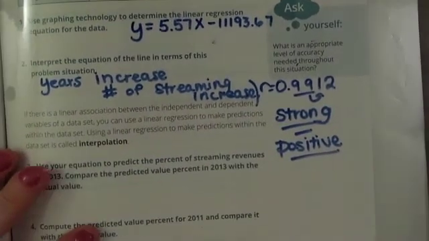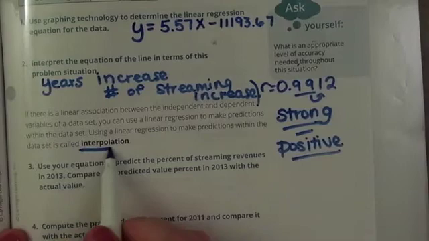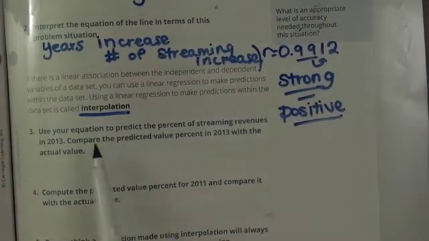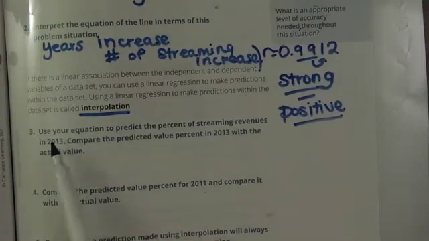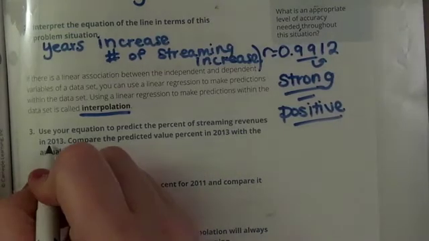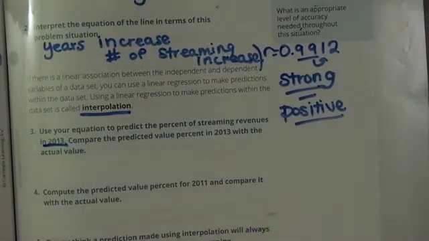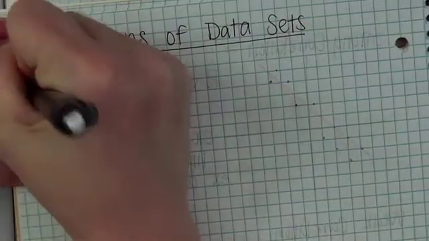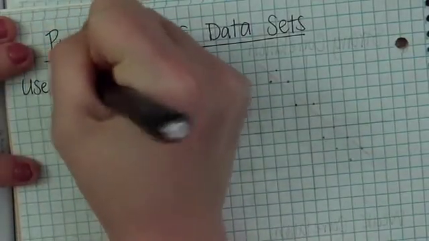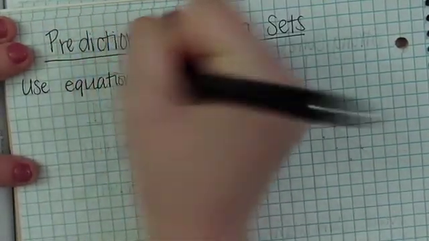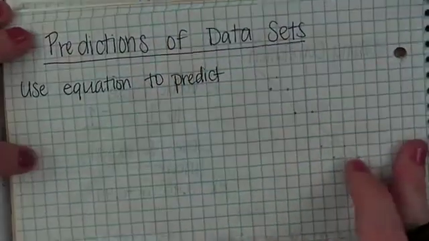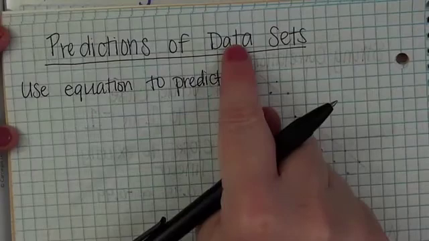Okay, so now interpolation. This is the part where we're going to predict. Using your equation to predict the percent of streaming revenues in 2013. So what that means, we're going to write that down. Use equation to predict. This is my notebook, and I titled this page Predictions of Data Sets.